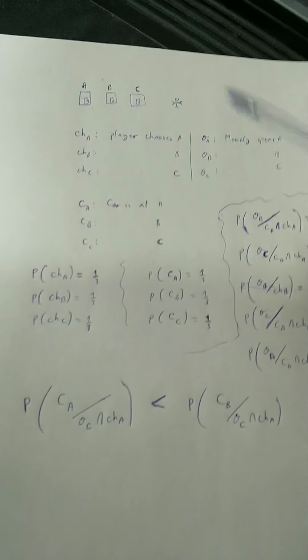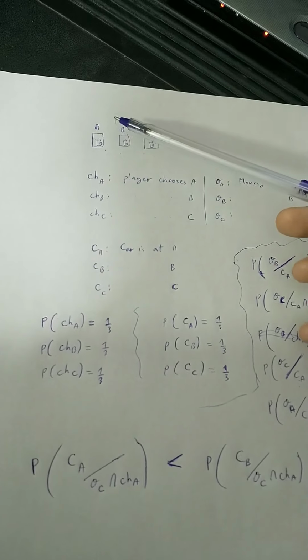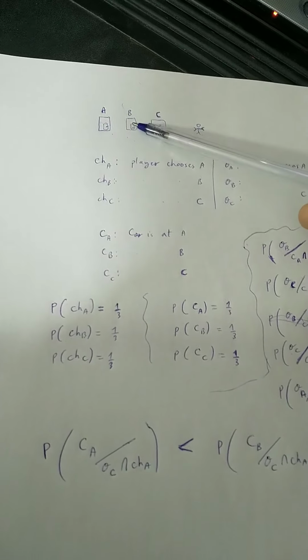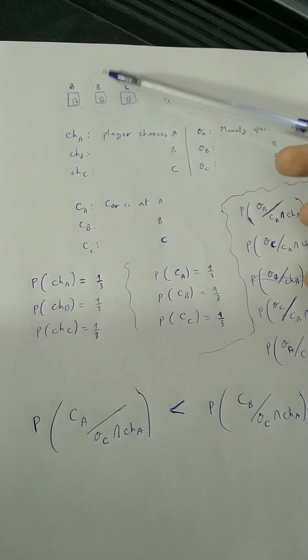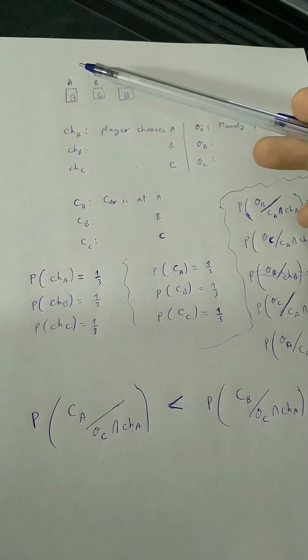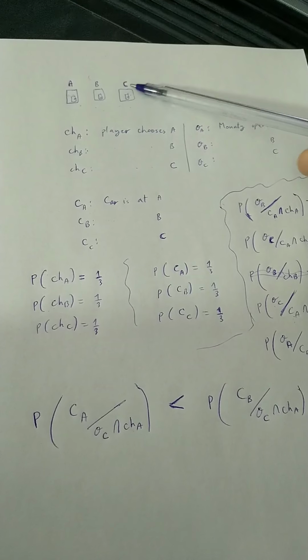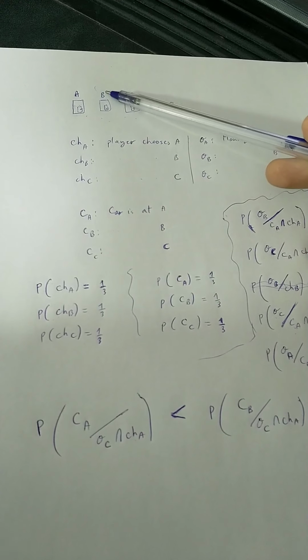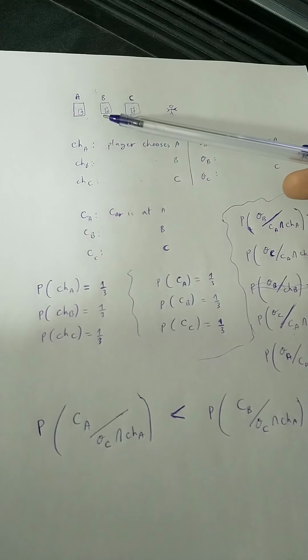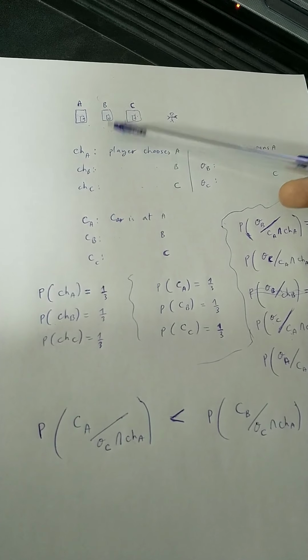The probability is such that it is always advisable that you change your opinion and choose B after Monty opens C. It's always advisable that you change your option.